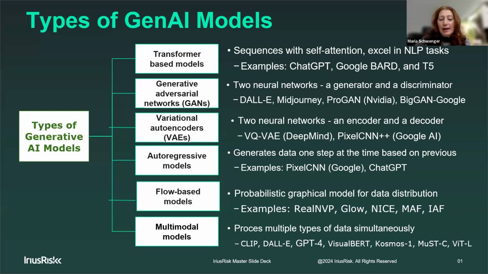Based on deep learning, these AI models adapt to NLP, understand the context of a sentence and the language structures, making them well suited for text generation. ChatGPT and Google Bard are examples.